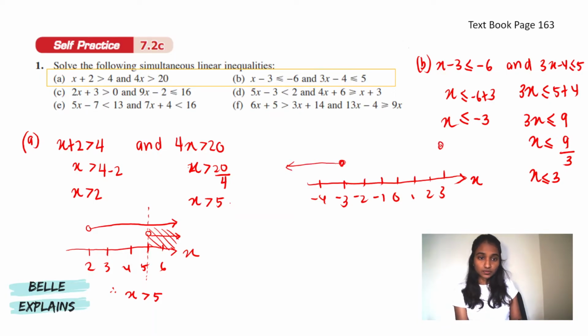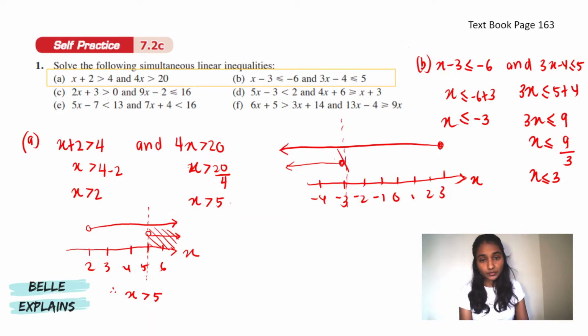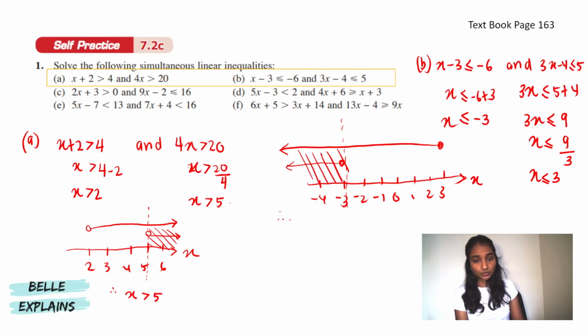This one goes this way. So the overlapping happens from this point onward, the overlapping of these two lines. So your answer would be x is smaller than or equal to negative 3, because it started from here.